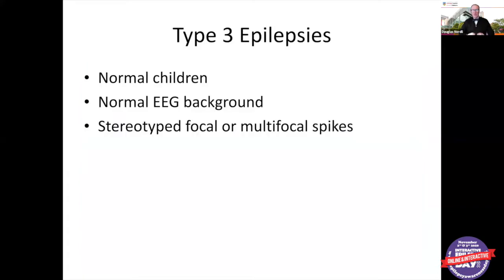Okay, the other super common form of epilepsy that we see all the time in pediatrics are the so-called self-limited epilepsies. Again, normal background, by and large normal children, normal development. EEG shows stereotyped, now instead of generalized, focal spikes.